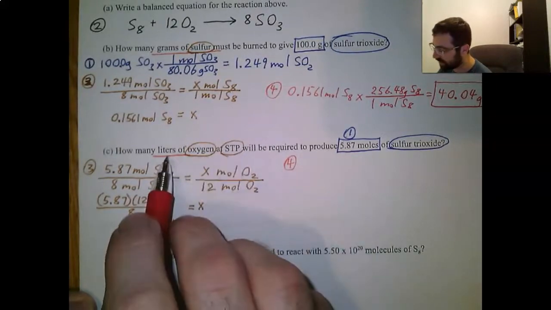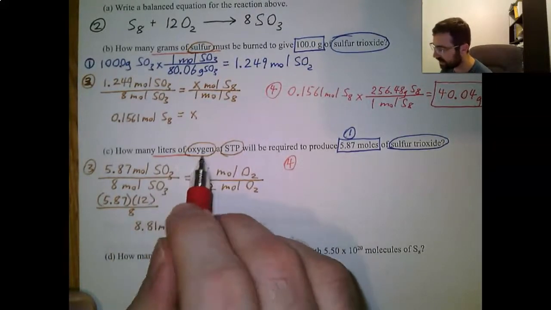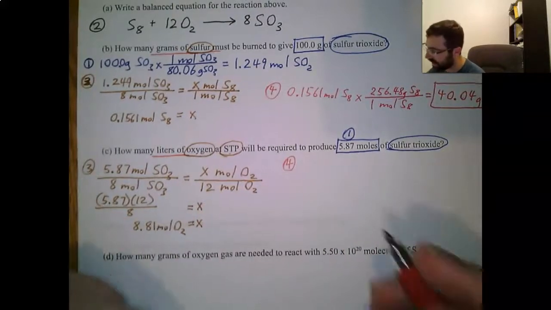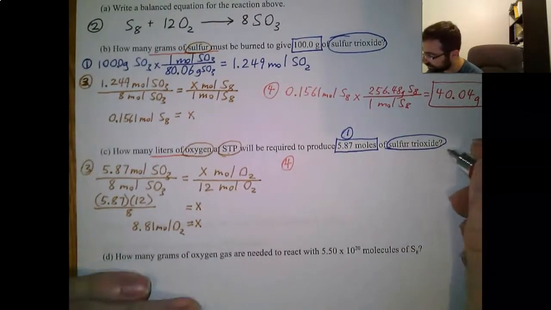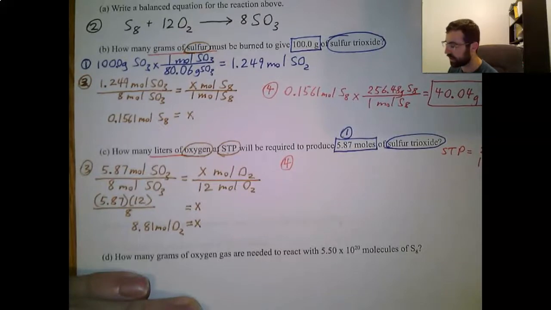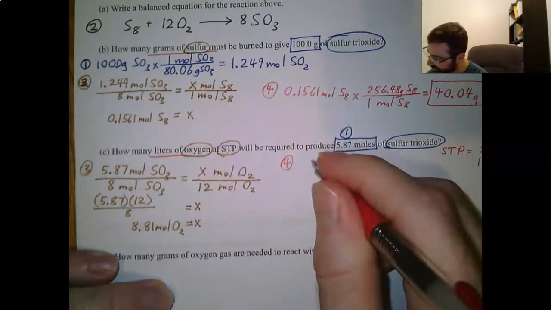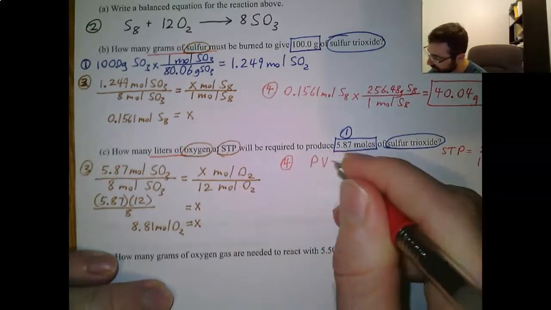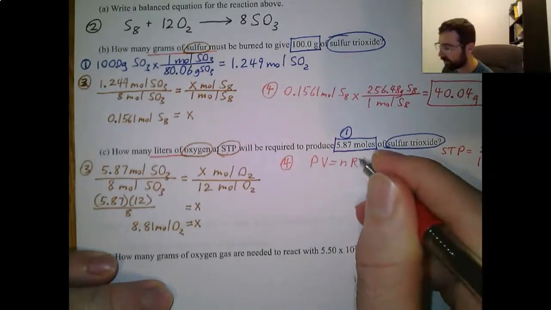I've got liters of a gas at STP. Remember that STP is 273 Kelvin, and the pressure is 1.00 atm. So now I could just plug that into PV equals nRT, and we could solve for whatever I'm looking for.